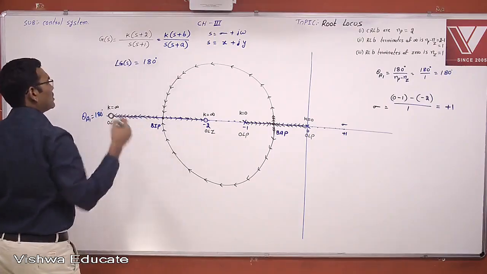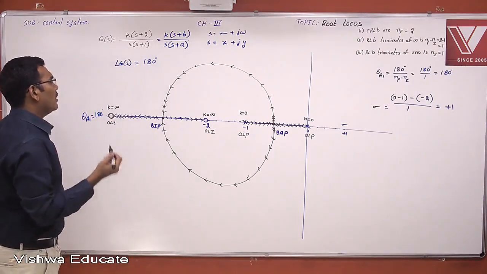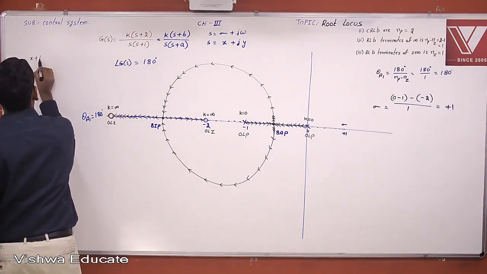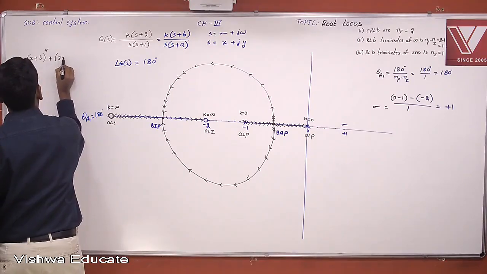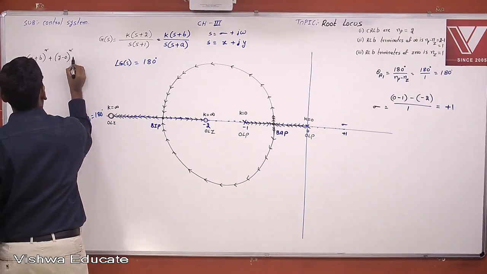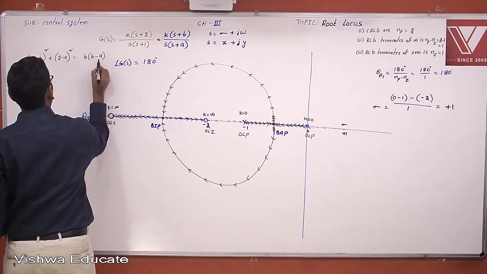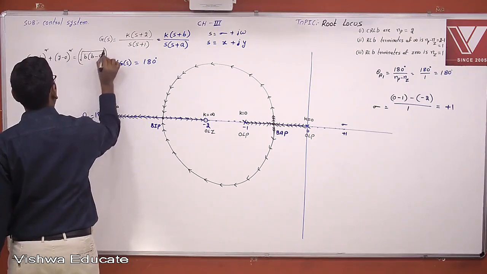Simplify the equations, add some terms, subtract some terms, and you get the circle equation like this: (x plus b) whole square plus (y minus 0) whole square equals b into (b minus a).